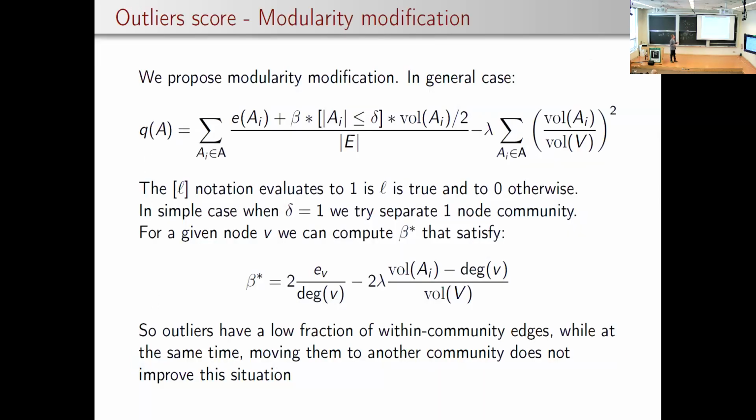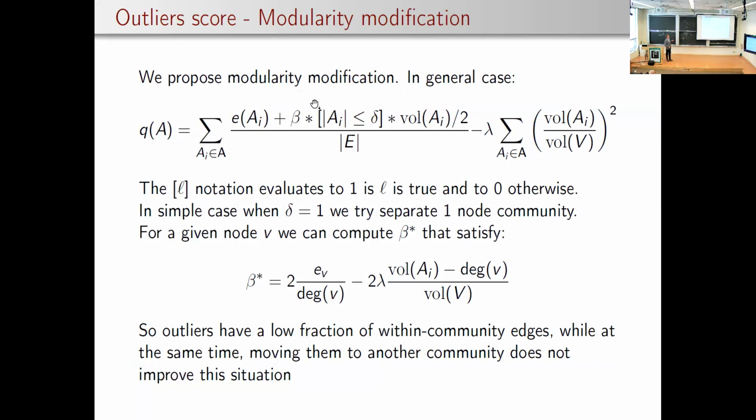Okay. So in our work we propose this kind of modification. If the number of nodes in our community is less than delta, it is true, and in the other case it is false, and we multiply these elements by the volume of each community.